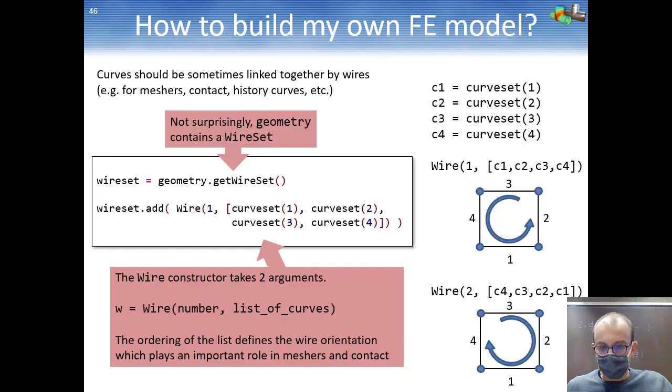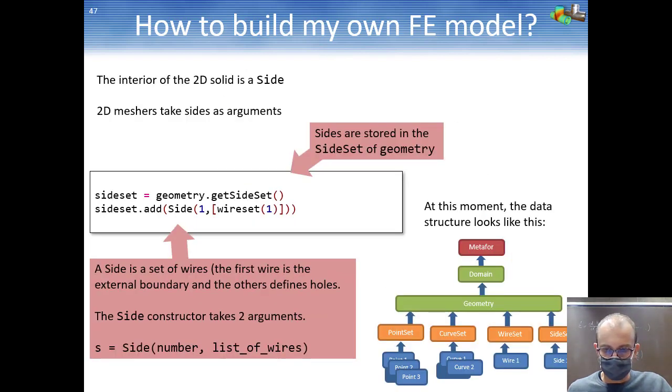If you remember well, we created points, then lines, then wires, contours, and then sides to define the geometry. And in the memory, there was this Metafor object, which was linked to a domain object, which also contains a geometry object, and this geometry contains a point set, curve set, a wire set, and a side set.